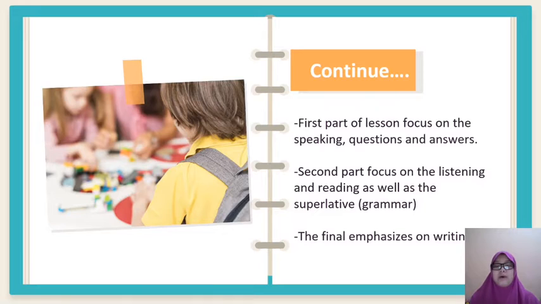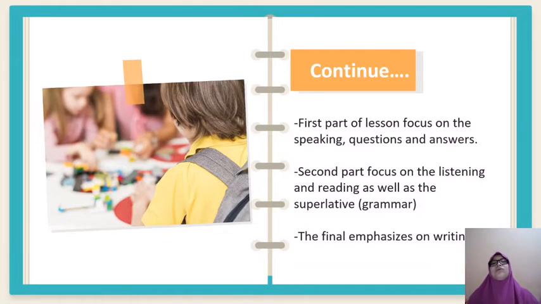I put it in a PowerPoint slide so that they will see the sentences better. During that time, I also highlight the superlative in the sentences so they have an idea what the superlative is all about.